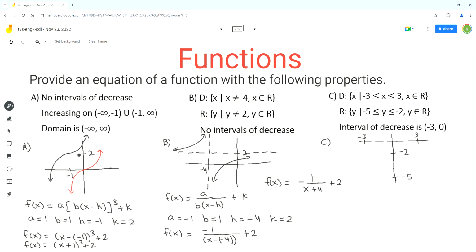So one possible shape for this graph can be a semicircle. The radius of this semicircle will be 3. The center of the semicircle is at -2 on the y-axis, 0, -2.